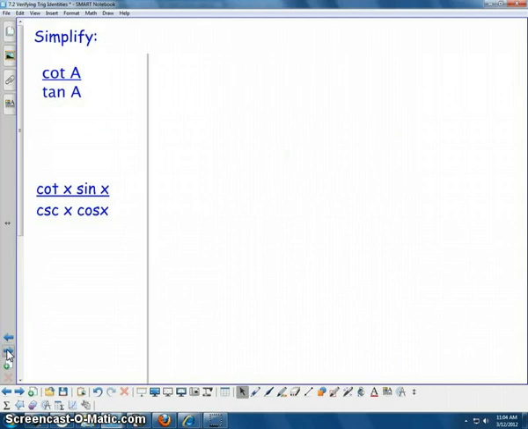Let's talk about simplifying. Simplifying instructions are a little different than verify. Verify was to have one side of your equation equal the other side. Simplify is just to crunch it down and have it be as simple as possible, so it's not that we have our goal in mind. So for simplify, cotangent over tangent. Cotangent is cosine over sine.